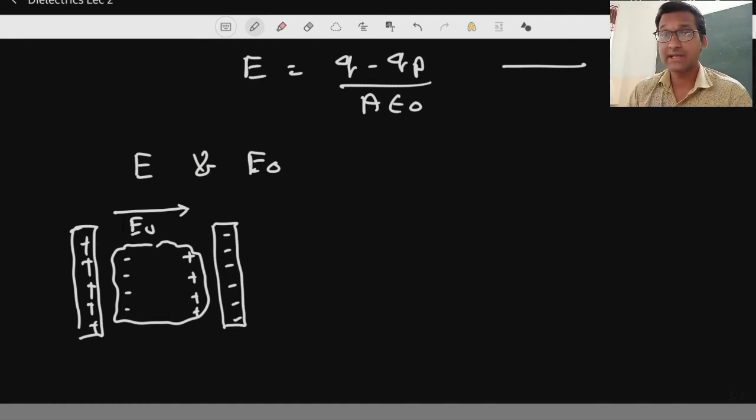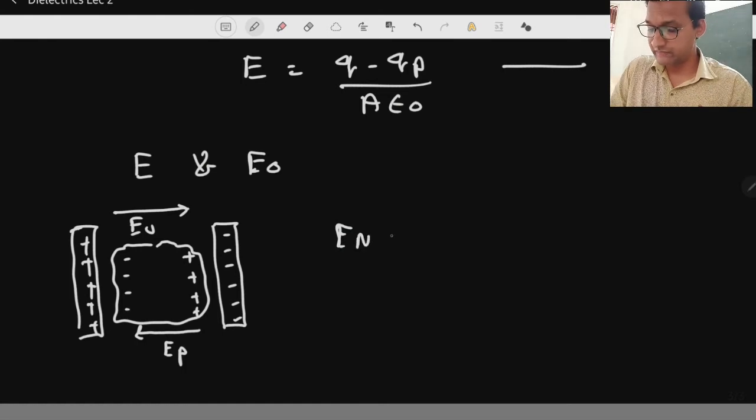This also creates an additional electric field, as you can see, from positive to negative charge. Let us call it EP. Now the net electric field between the plates will be E naught minus EP.